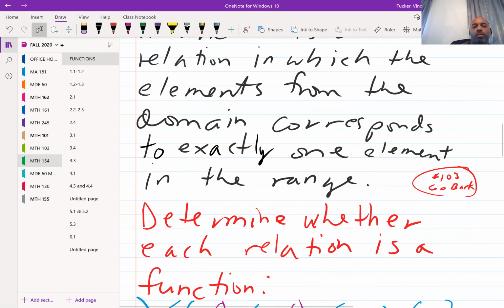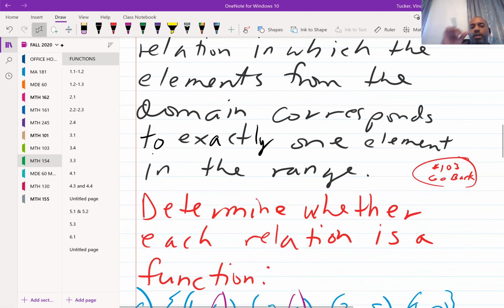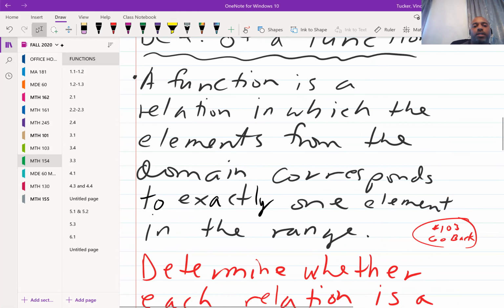All right, so let's talk about what that means. Once again, a function is a relation in which the elements from the domain correspond to exactly one element in the range.